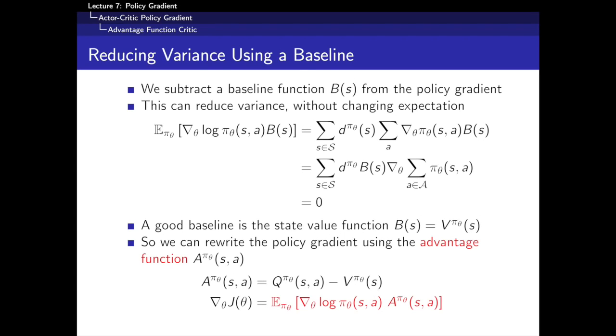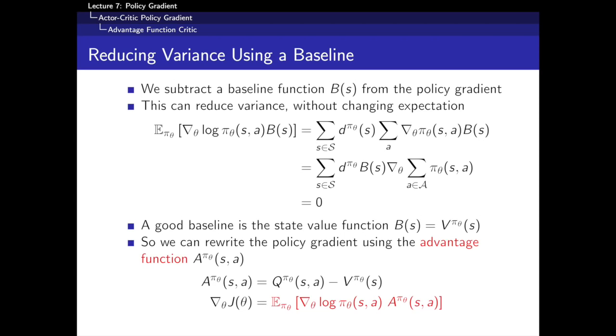This tells us how much better than usual it is to take action A. So we're going to look at the q value of action A, which tells us how good it is to go left if I'm in a particular state, compared to how good it is to be in that state in general. And that tells us how much better than usual, how much more reward than usual, I will get if I take a particular action. Intuitively, that's just the right quantity to use in our update. So we call this thing the advantage function.